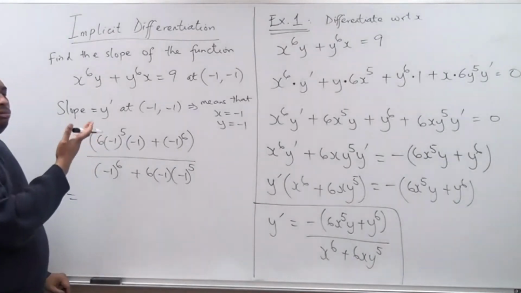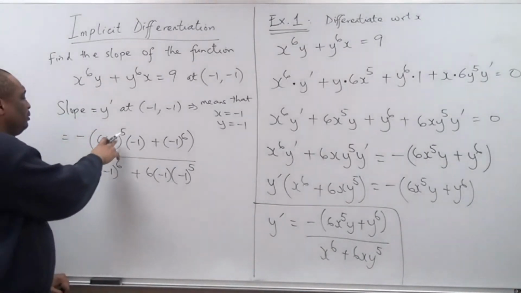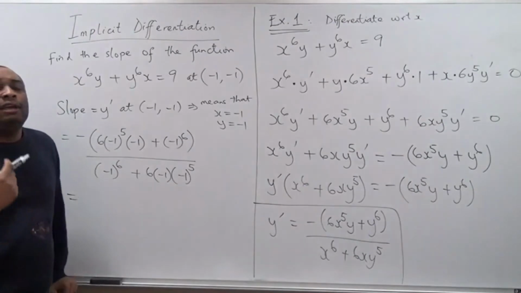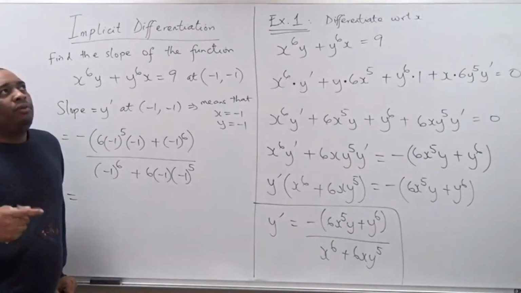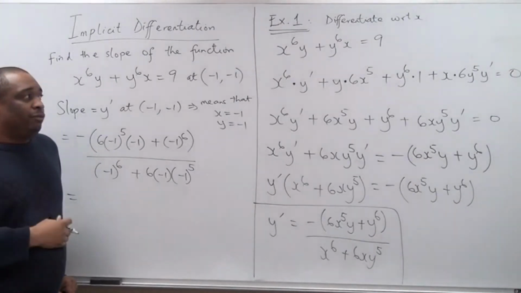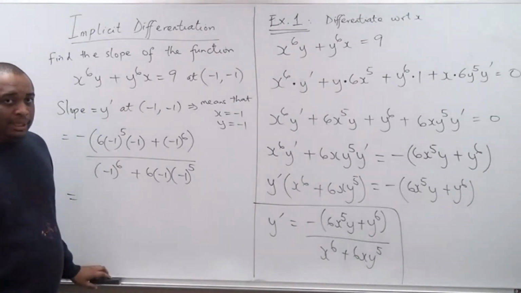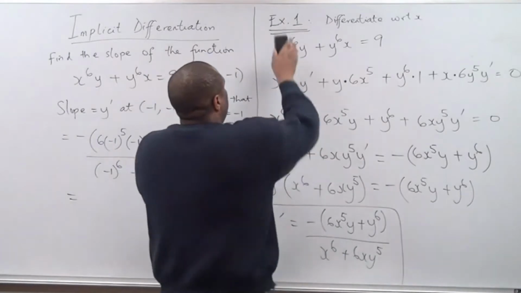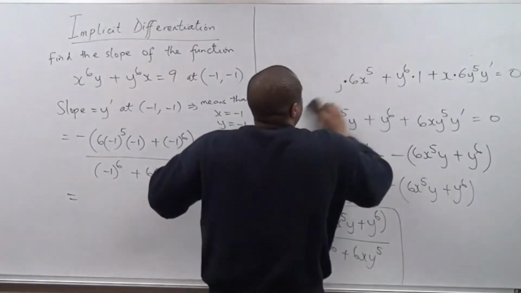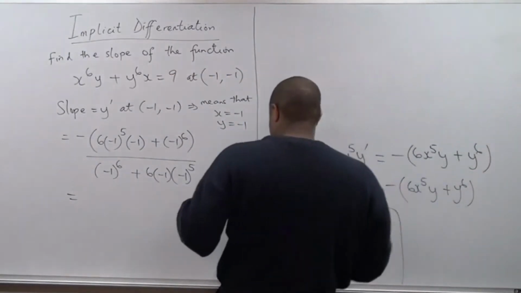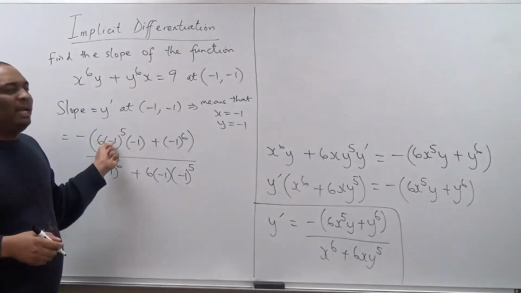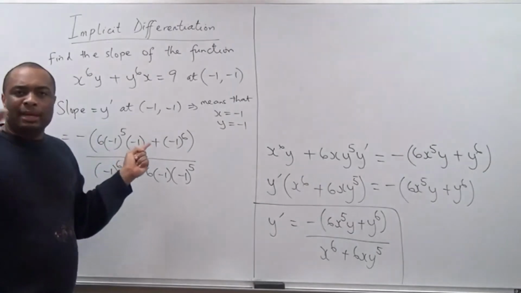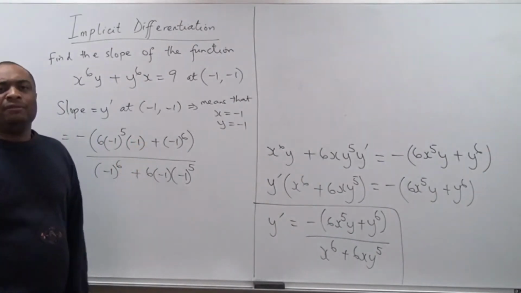Alright, now, if you do recall, -1 raised to an even power will give you 1. But -1 raised to an odd power will still give you -1. Let me explain. It will waste time if I start writing -1 times -1 times -1 times -1 times -1.